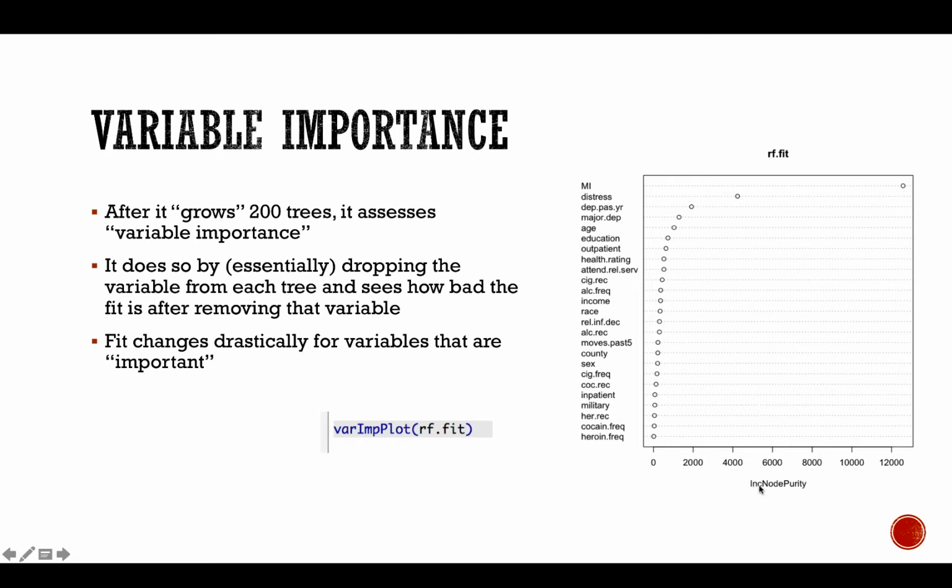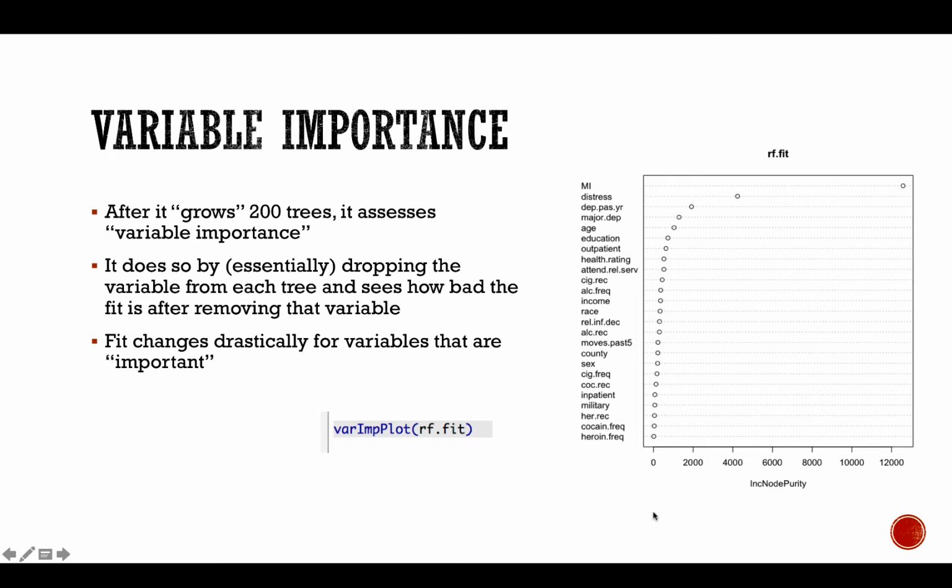So that tells you that as you drop MI compared to when it was in, it makes a huge difference. And so this tells us that our most important predictors are mental illness, distress, whether you've had depression in the past year, whether you've had a major depressive episode the last year, and then age, and then it gradually tails off after that. So again, these are predicting impairment. So mental illness, distress, and depression the past year are by far the best predictors.